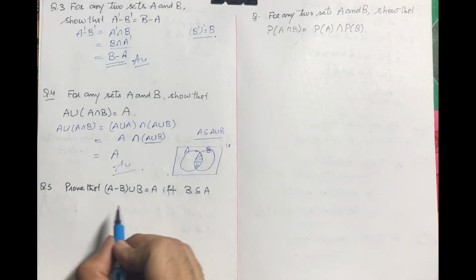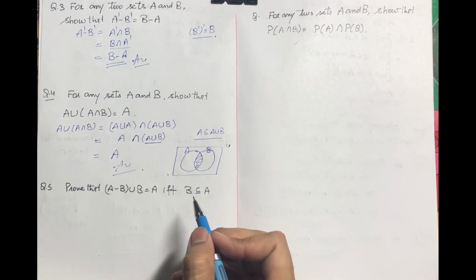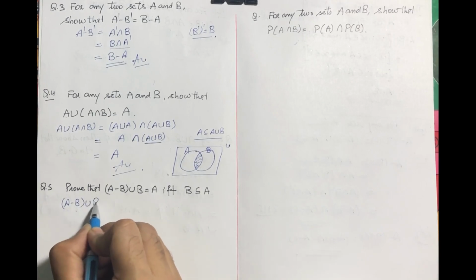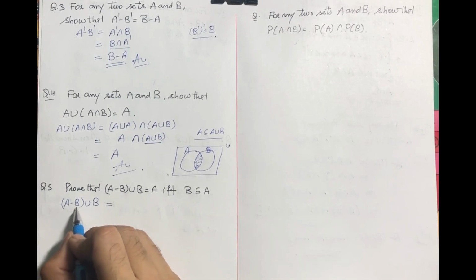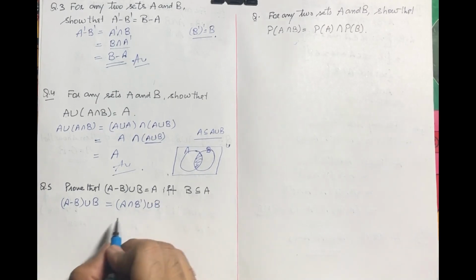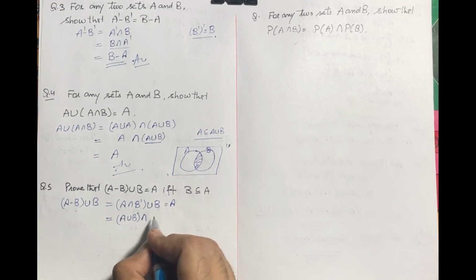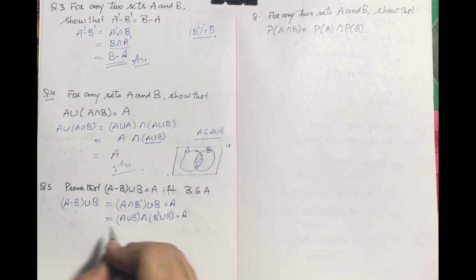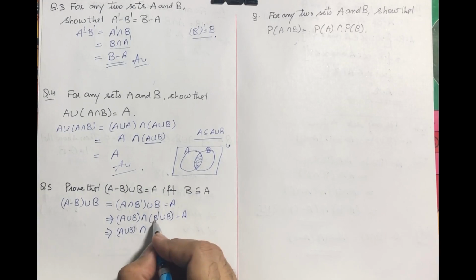Next numerical, prove that A minus B union B is A if and only if B is contained in A. Now to prove this, we again start with the left hand side, A minus B union B. This may be written as A minus B, that is A intersection B complement, union with B, and here expanding by the distributive law, A union B intersection B dash union B is equal to A, which further implies A union B intersection, what is B dash union B?